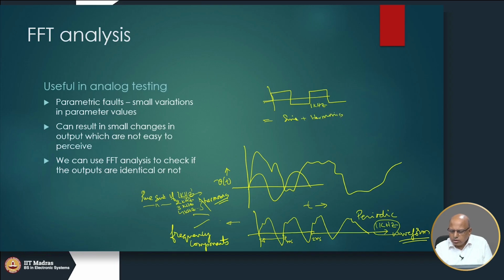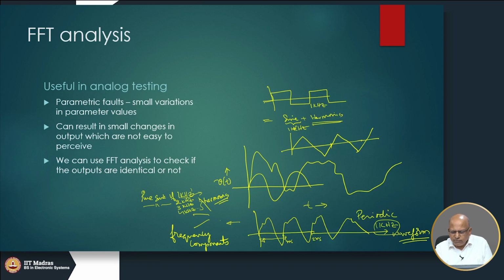So, this is a sine wave of 1 kilohertz, the basic frequency, and a number of harmonics. Similarly, if we have a triangular waveform of 1 kilohertz frequency, this also can be split into a sinusoidal plus several harmonics.